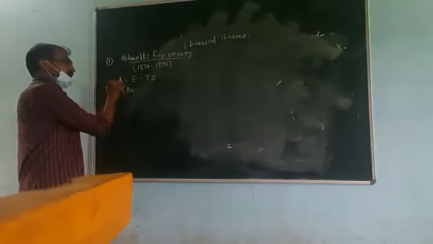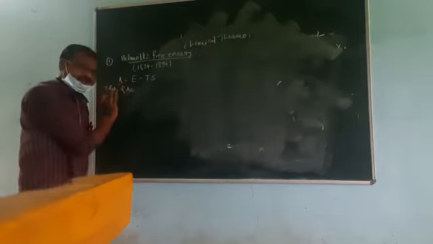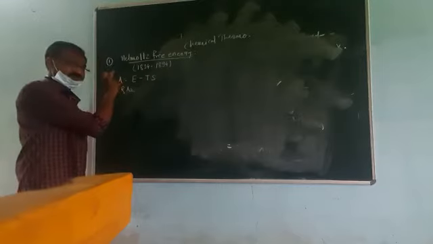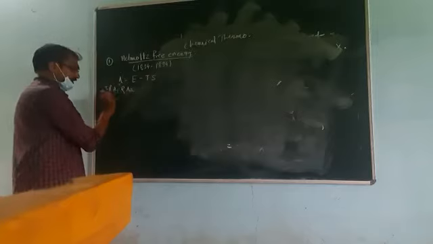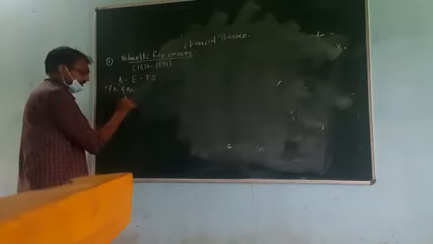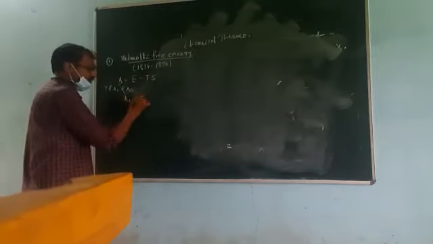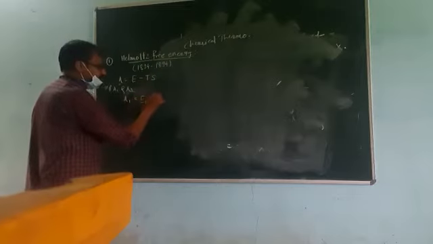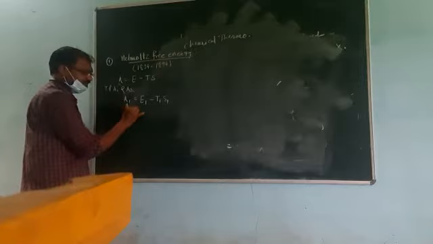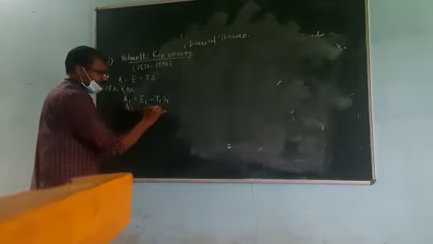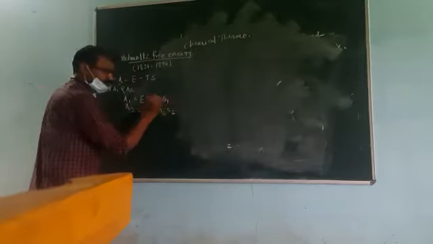The Helmholtz free energy A is an extensive property and a state function. Therefore A1 is equal to E1 minus T1 S1, and A2 is equal to E2 minus T2 S2.